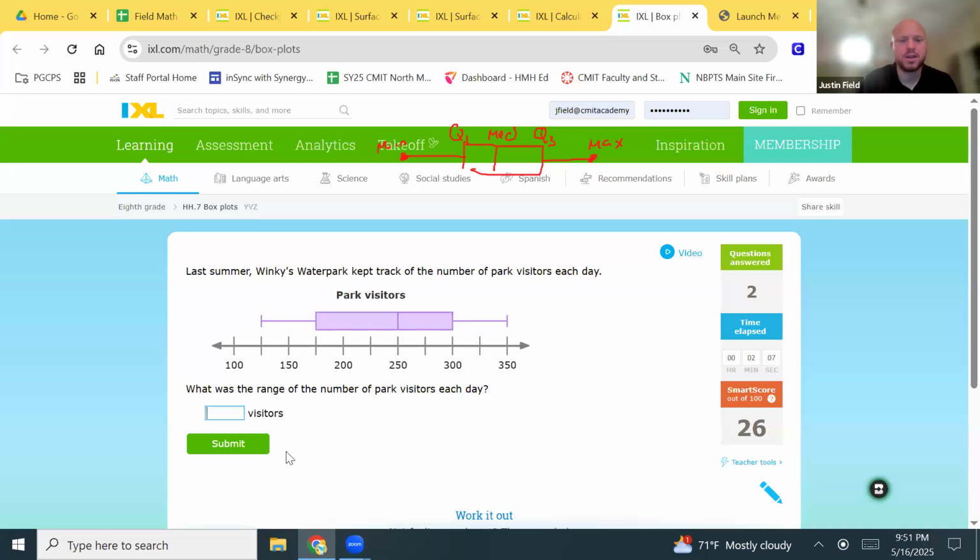So that's going to be 350 minus 125. This would be 125, this is 350. So 350 minus 125 is 225.